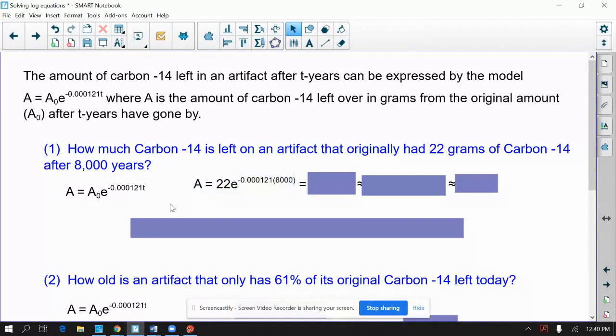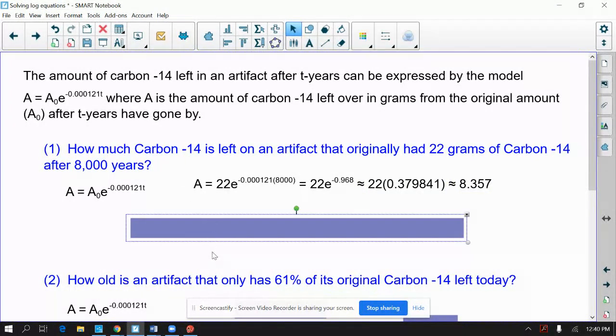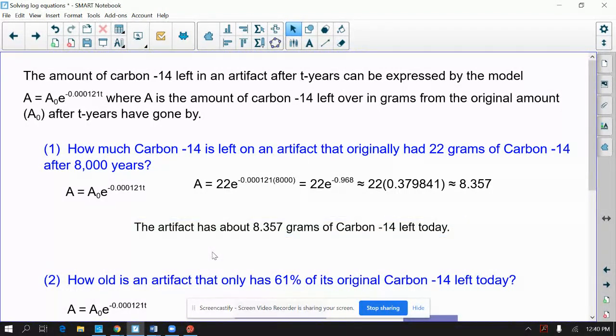So I replace A sub 0 with 22, and I replace t with 8,000. And this is just a matter of punching this into your calculator, and I discover that 8.357. What does that mean? How much carbon-14 is left over? 8.357 grams of carbon-14 is still around today. The rest have decayed away.